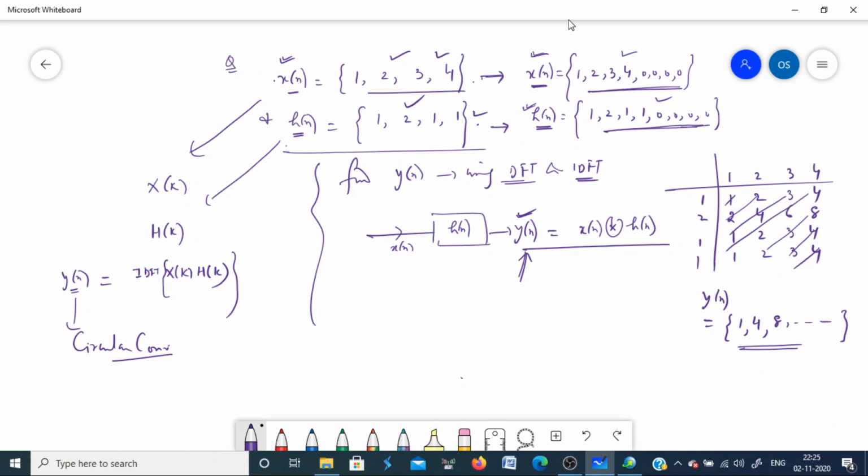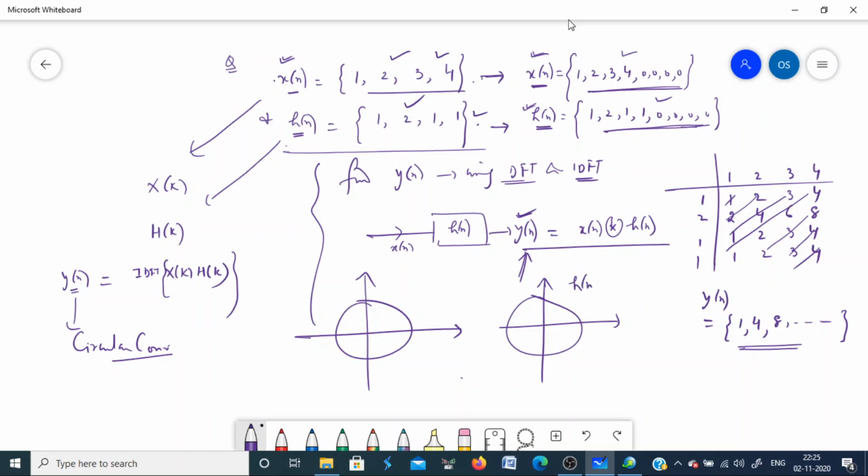And how do you do that? I have to first plot x. Since it is circular, I have to plot x of n and h of n on a circle. So 8 points you have, 0, 1, 2, 3, 4, 5, 6, and 7.